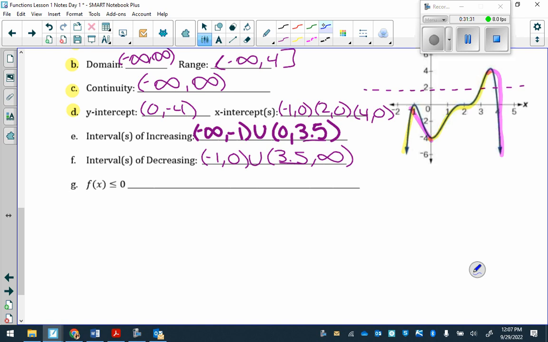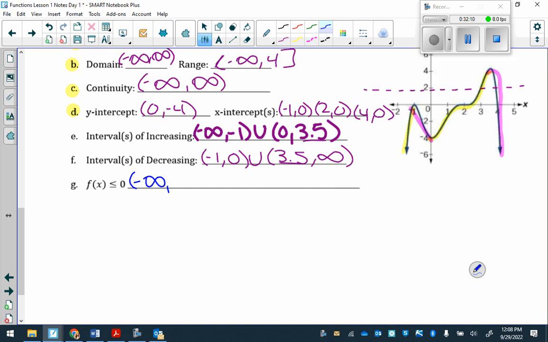Anywhere else? Okay. Good. Anywhere else? So where it's less than 0, where your y is negative, okay, we have negative infinity to, you could even include all the way to 2, but since it hits 0 and then comes back down, technically 0 is not positive nor negative, correct? 0 is not positive or negative.